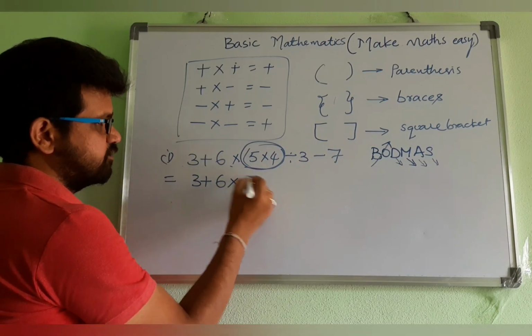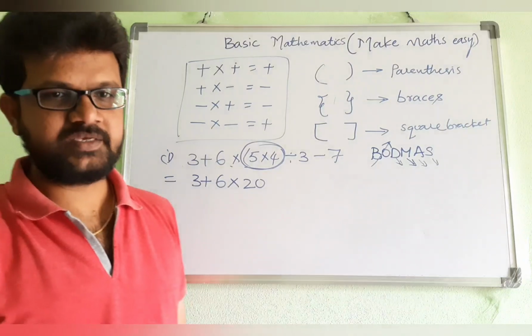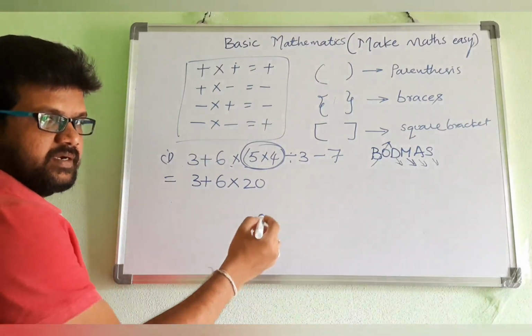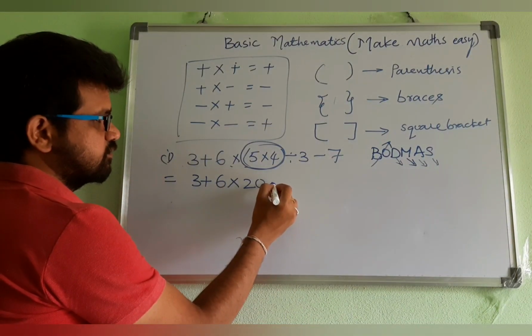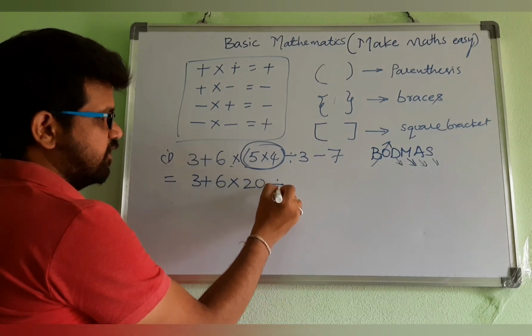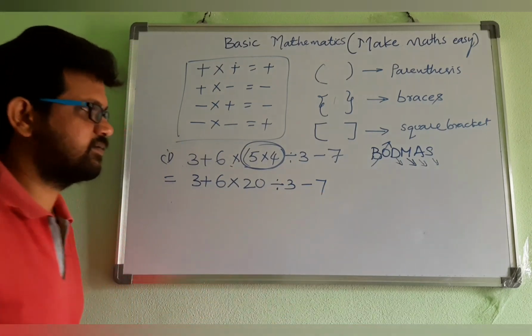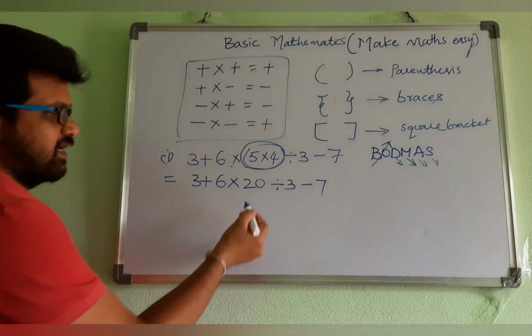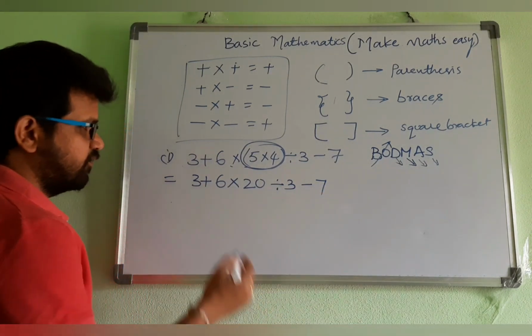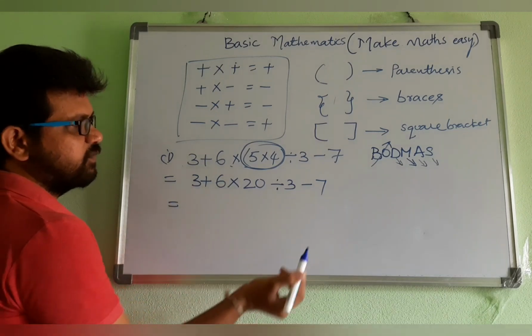First you have to simplify this bracket. Remove that bracket, keep this as it is. 5 into 4 is 20, and this one is divide by 3 minus 7. Okay, so the bracket we removed. Next what we have to do? Division. Where is the division?